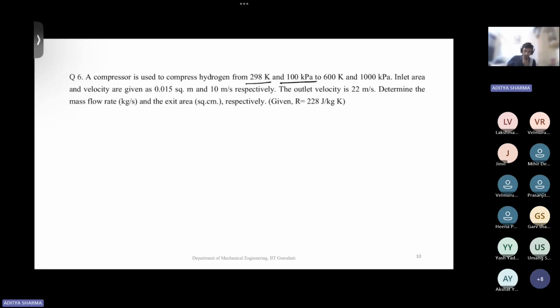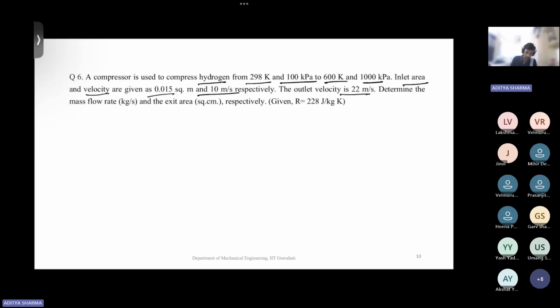So a compressor is used to compress hydrogen. So we have hydrogen from this to this. Inlet area and velocity are this and this. So inlet parameters have been given and outlet velocity has been given.